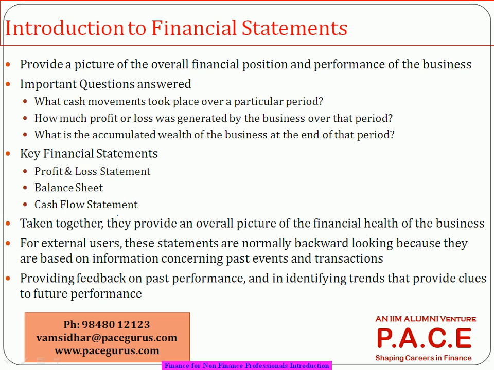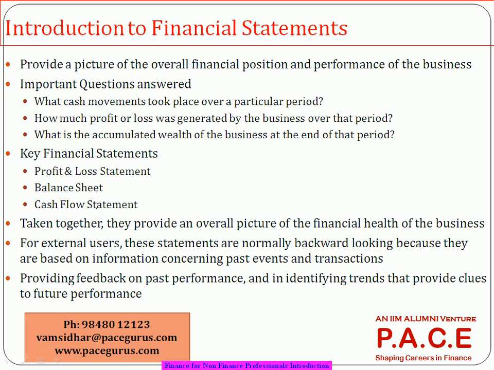So, as I said, we have to talk about the three financial statements. This is where we'll get into the understanding of the three financial statements. What are they containing? When I say profit and loss statement, it is nothing but, during this particular year, what are the revenues and what are the expenses of the company.